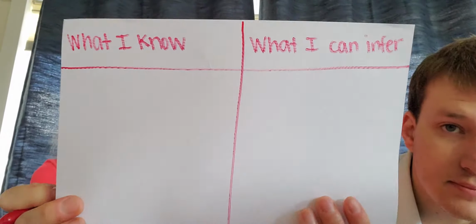Okay, and then on the left side of the paper, write what I know. And then on the right side, write what I can infer. So it should look like this.